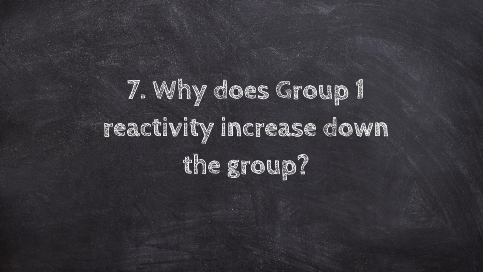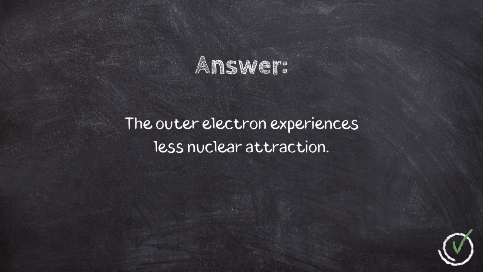Why does group 1 reactivity increase down the group? This time, we're not just stating the trend, we're explaining it properly. Think about what actually changes as we move down. As you go down the group, the outer electron is further from the nucleus. There are more inner shells between the nucleus and the outer electron. These inner shells cause shielding, so the outer electron is less strongly attracted to the nucleus.